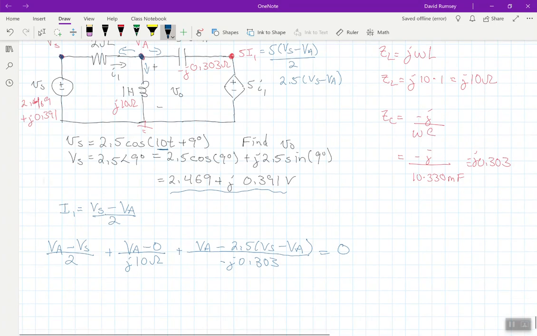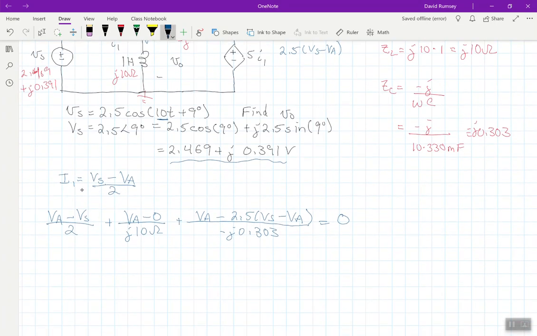Now, it looks like I have 2 unknowns, but really we have just one unknown. We know Vs. I'm not going to plug in for Vs just yet because there's a lot of simplification I'm going to have to do, which could muddy the waters here.